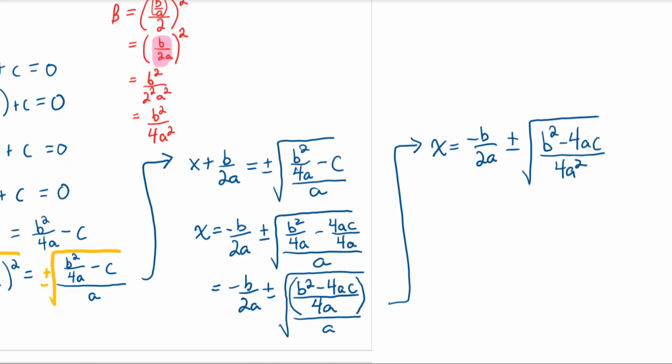Now what I'm going to do is apply my square root to this and this, right? Because the square root is simply an exponent to the power of 1/2. So we're going to use our exponent rules here.